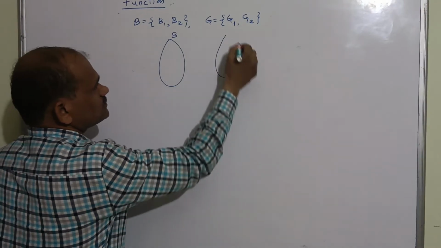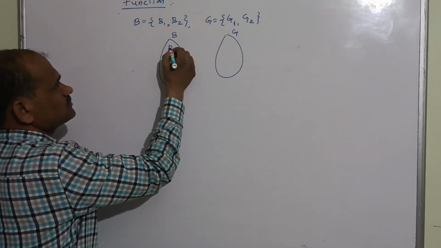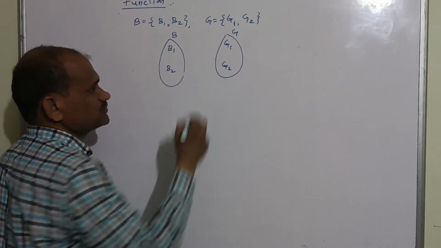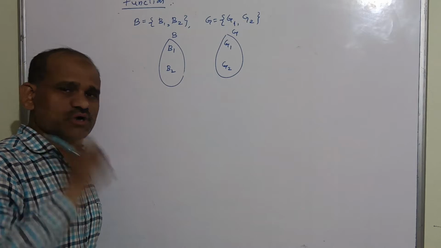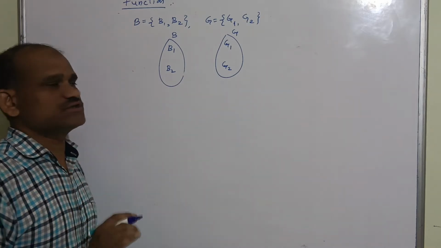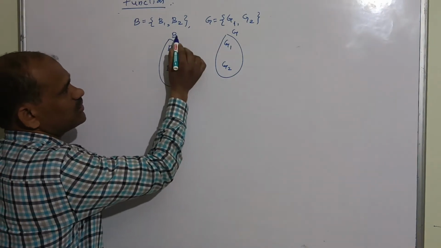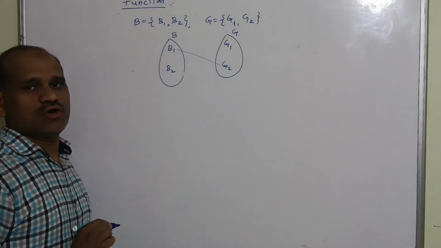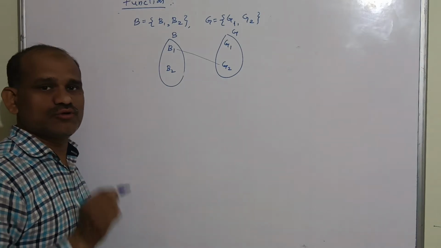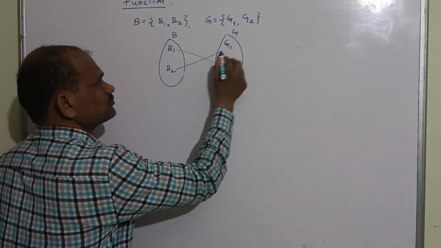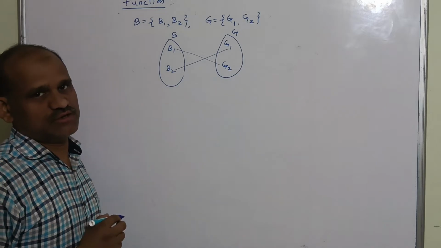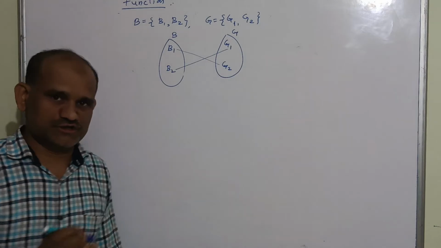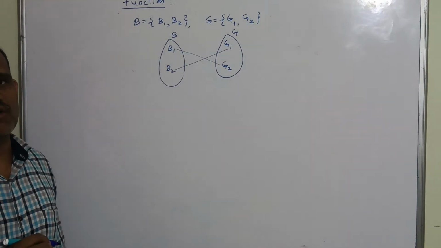Function is a special type of relation. In this case, every element of the set B is associated to one element: this B1 is related to G2, this B2 is related to G1. Such a type of relation is called a function.